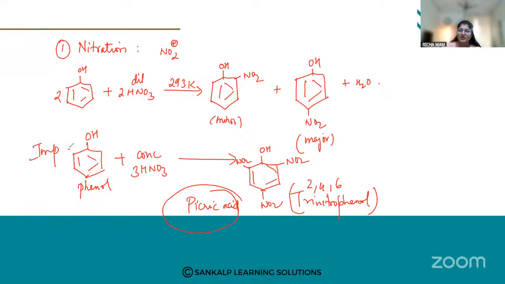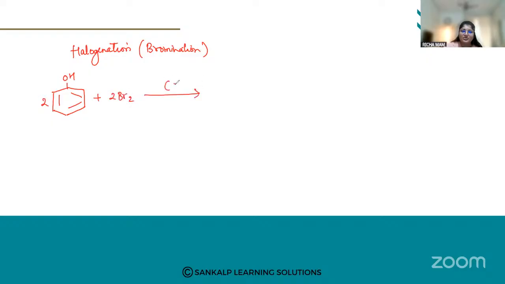Please remember this. We have seen nitration with dilute acid and with concentrated acid. Next is halogenation, here with bromine. When we use bromine, it undergoes bromination. Let us take two molecules of phenol and react them with bromine in the presence of carbon disulfide at 273 Kelvin.